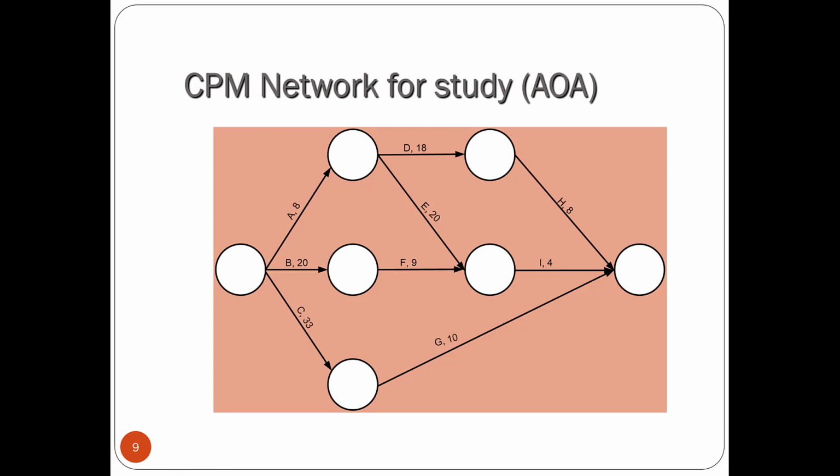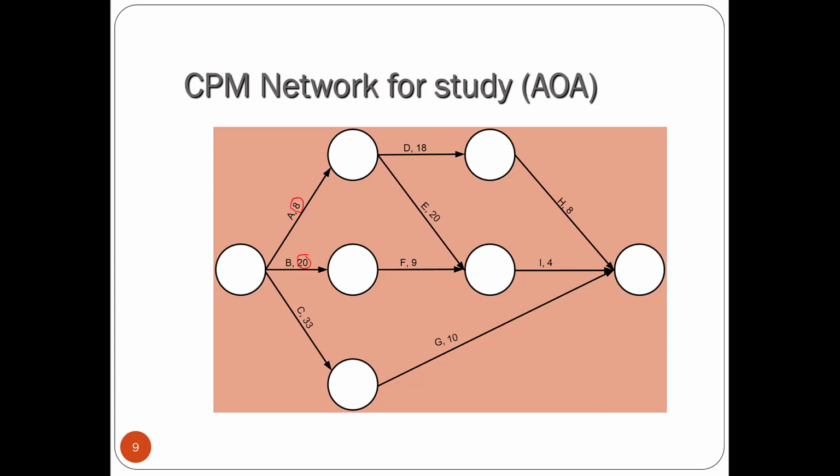If we put it in a nicer way, it will look like this. And in this slide, the durations of those activities are given. You can see here, A lasts for 8 days and B lasts for 20 days. We'll assume that we'll use days as the time unit.